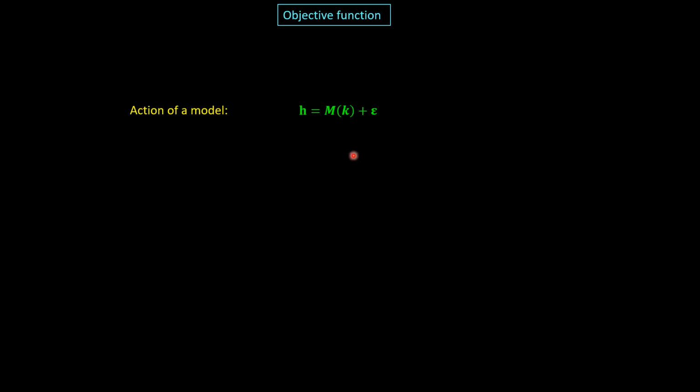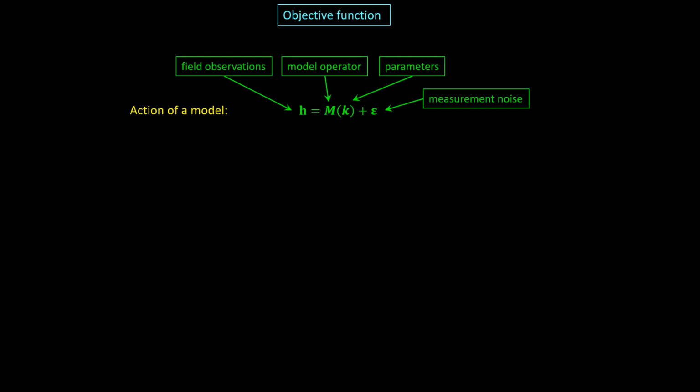The action of a model can be notionally described by this equation. A model operator acts on parameters k, we add measurement noise, and we get what we observe in the field.